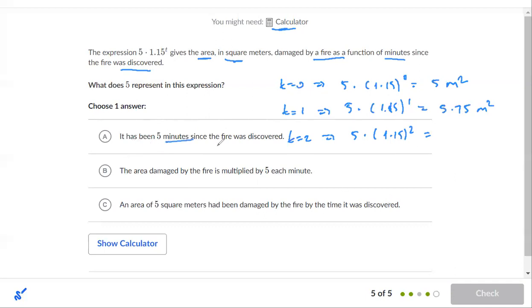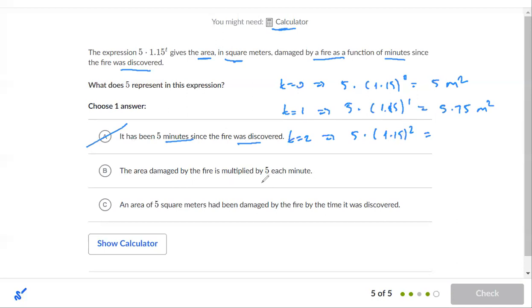The first option: it has been 5 minutes since the fire was discovered. No, the time is just t, so 5 is not about that. That is wrong. The second one: the area damaged by the fire is multiplied by 5 each minute. This might seem okay because we keep multiplying, but as we increase the minutes, we are actually multiplying by 1.15 each time.